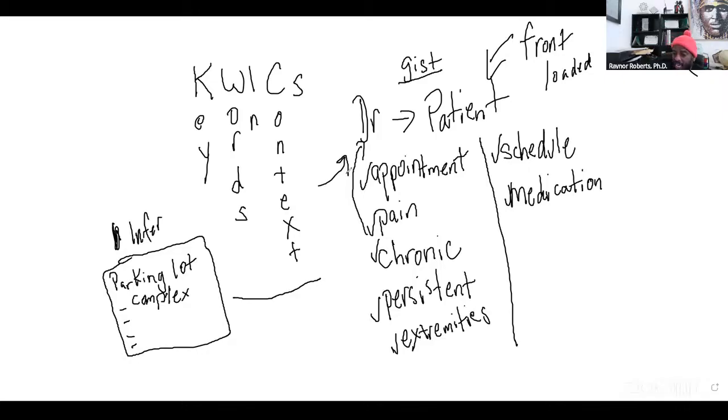Listen for a main idea. Listen for the protagonist. Listen for the antagonist. And these questions must be aligned with the unit and the other core competencies that you want them to get out of this unit.